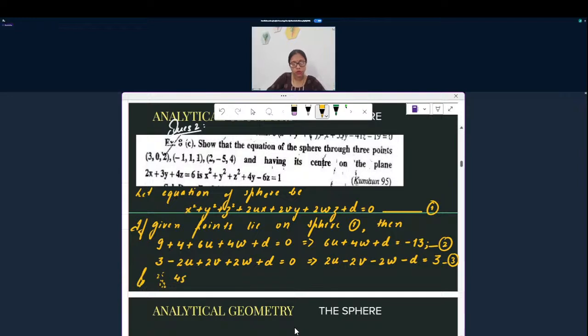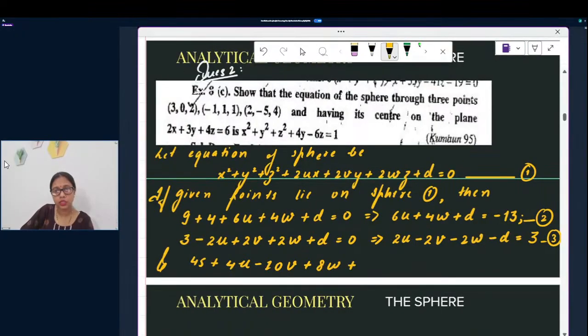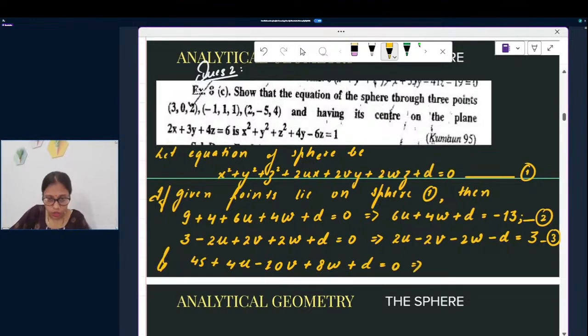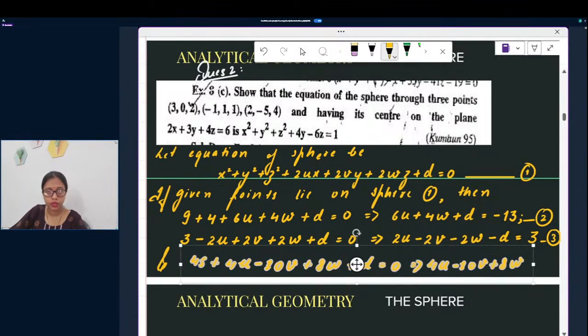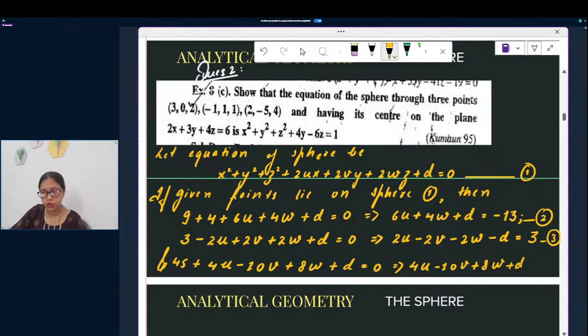So 45 plus 4u minus 10v plus 8w plus d is equal to 0, so 4u minus 10v plus 8w plus d is equal to minus 45. That's the third equation.